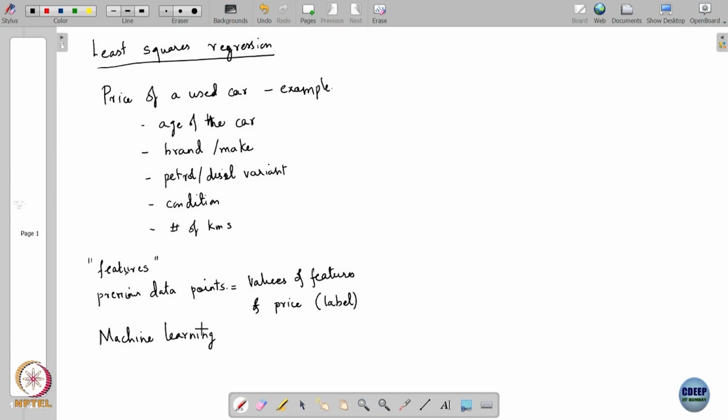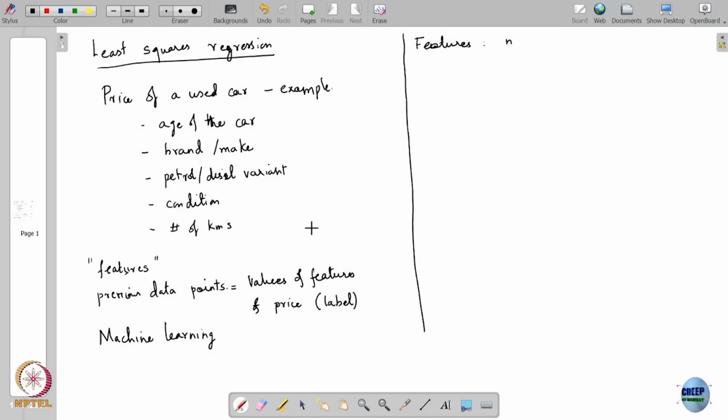Now, let's introduce a bit of notation here. Features are going to be denoted in the following way. Suppose I have n features.